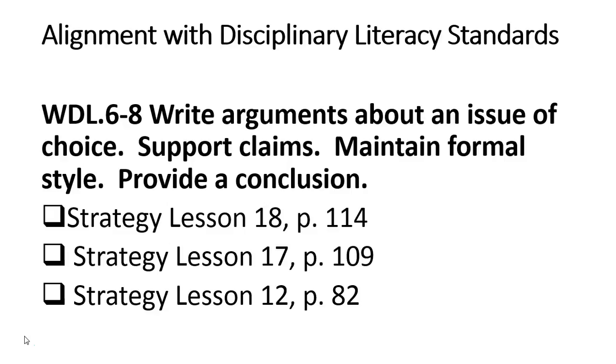So there are 3 different strategy lessons you can use in your text and lessons book to align with the disciplinary literacy standards. And once again, the pages are there. Go open that book and it literally says word for word what to do. They're really easy to do. Don't get scared because you're thinking, oh, new lesson. I promise it will be okay.